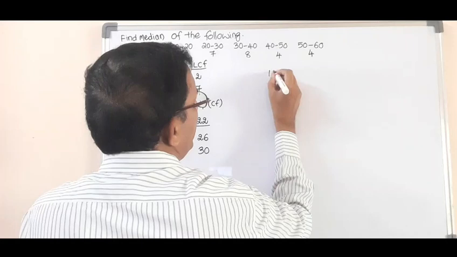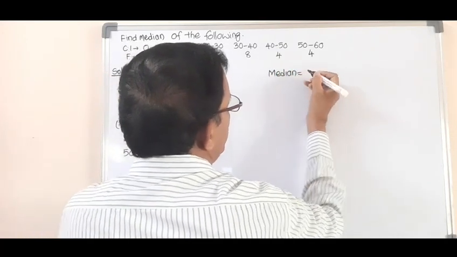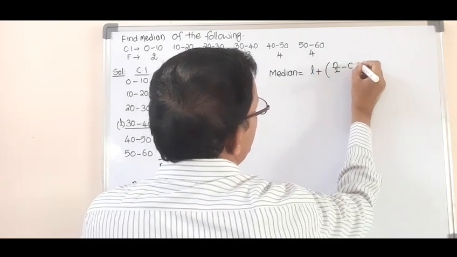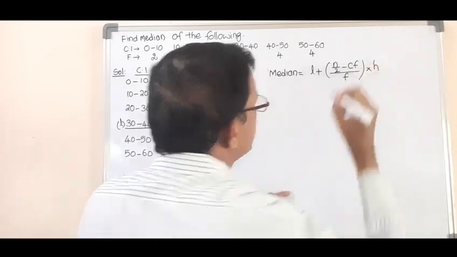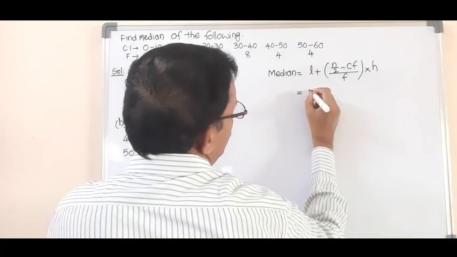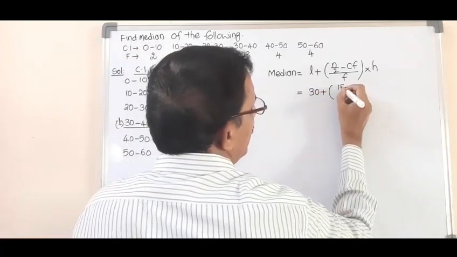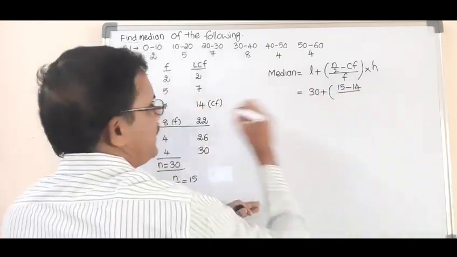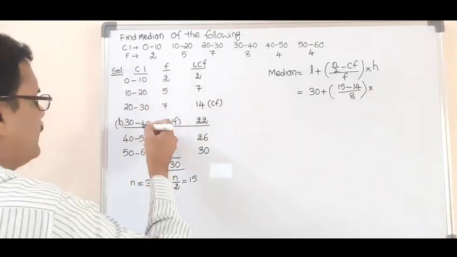So the formula for median is equal to L plus (n by 2 minus CF) by F into H. Let us substitute values. L value 30, n by 2 is 15, minus CF 14, by F 8, into height, class size, that is 10.